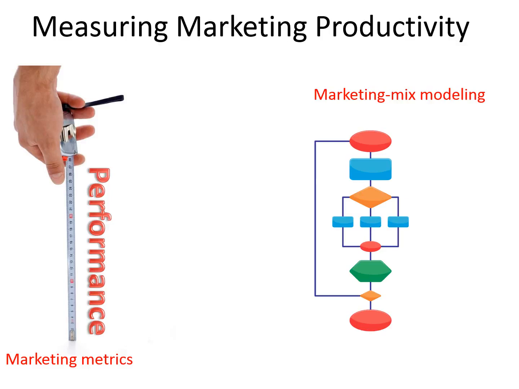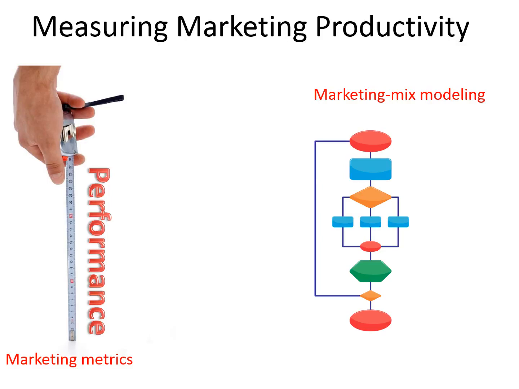Now these two different terminologies have a lot in common because both of them are dependent on advanced statistical tools. However, marketing metrics is considered to be less intensive and less complex as compared to marketing mix model. So this is the difference which I want you to remember currently in this part of the lecture.